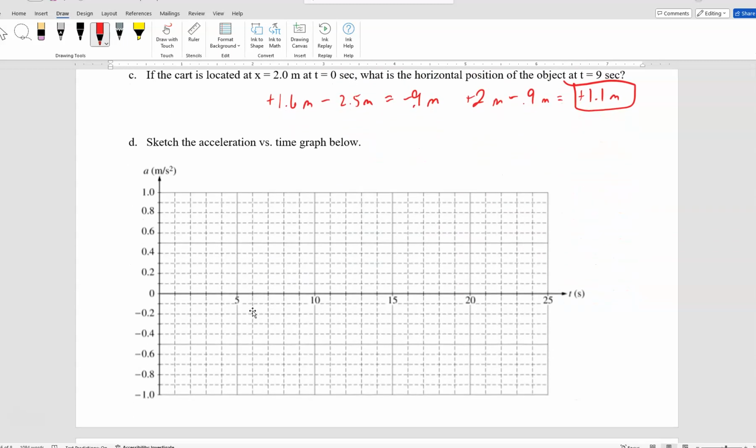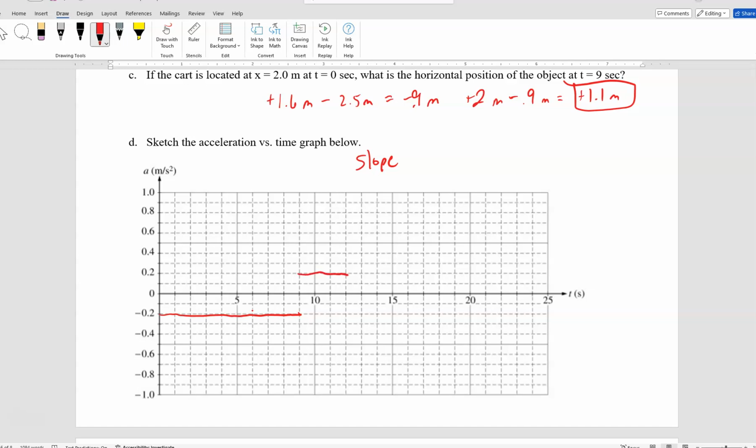Sketch the acceleration versus time graph below. So that's just the slopes. Okay, so you just have to find the slope of the graph above. So it looks like it's negative 2. Just kind of skipping to save some time. You just have to find the slope. It's negative 2, and then it becomes positive 2 from 9 to 12.